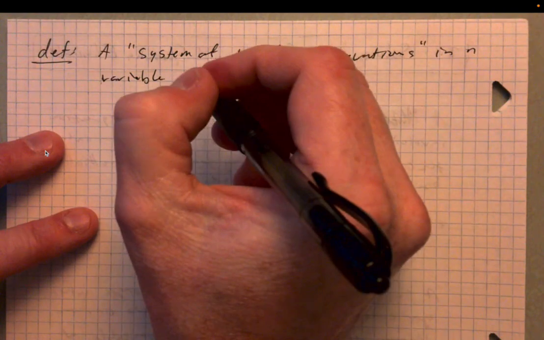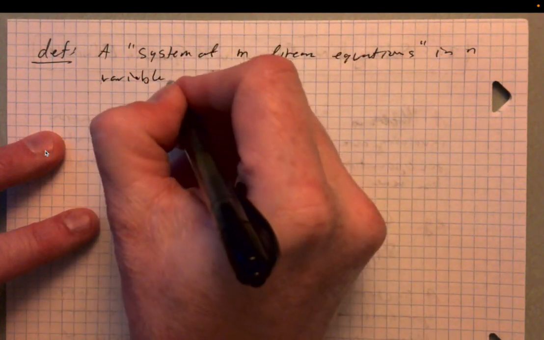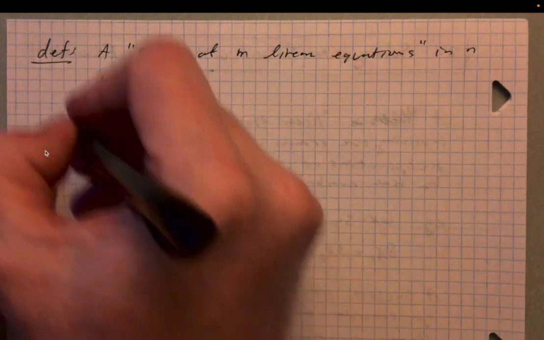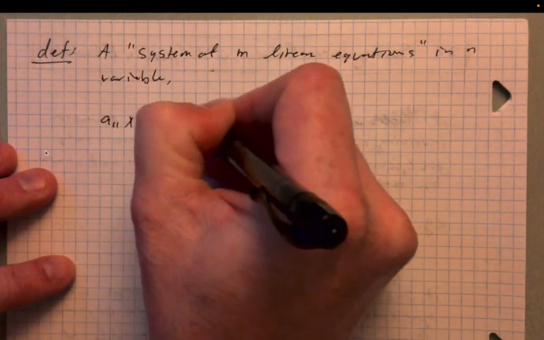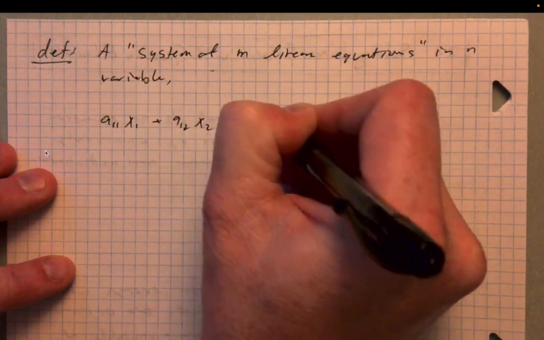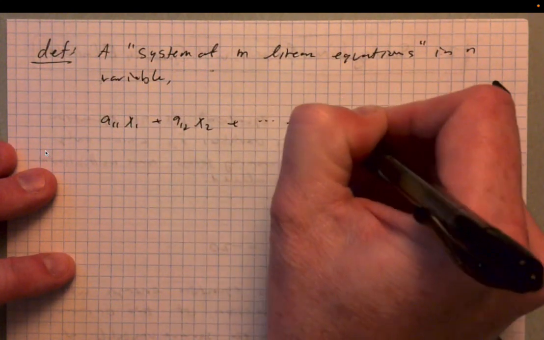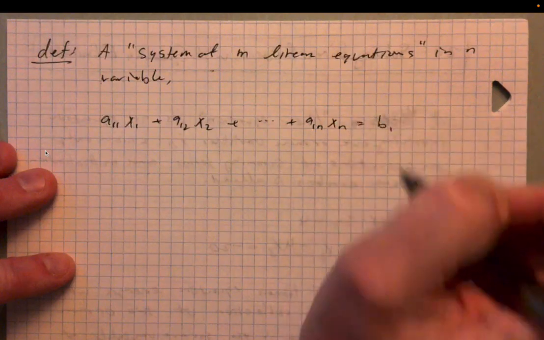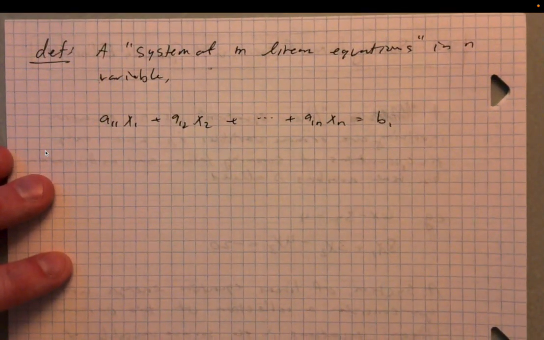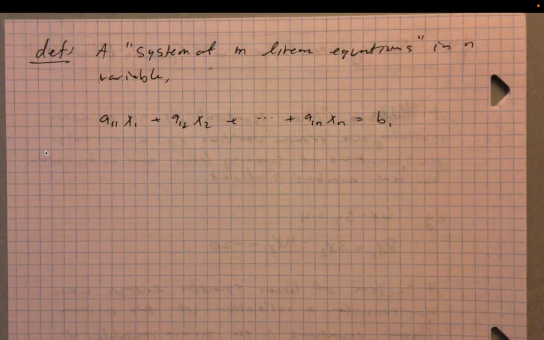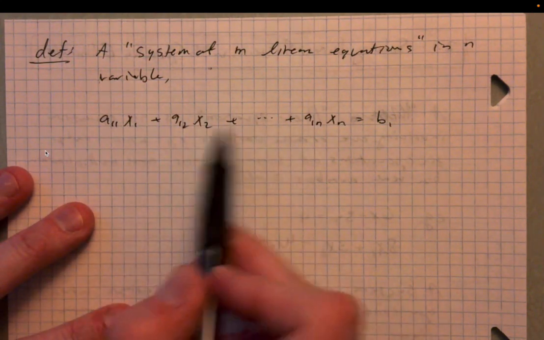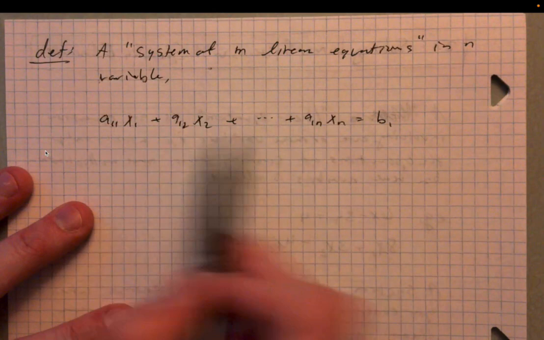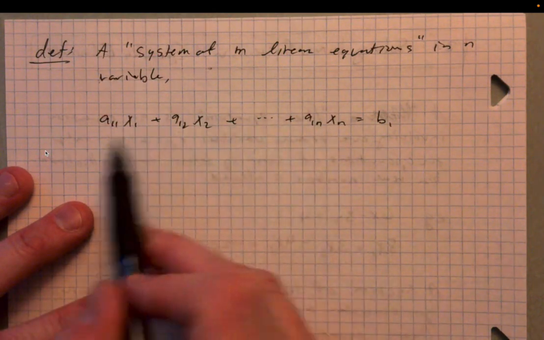Let's actually write this out a little bit. a11 x1 plus a12 x2 plus ... plus a1n xn equals b1. This is the first equation in the system. Notice you've got 1, 2, ... n terms, because there are n different variables.